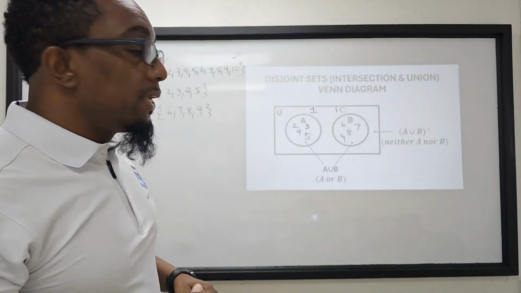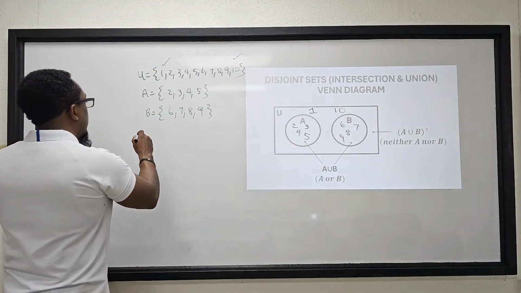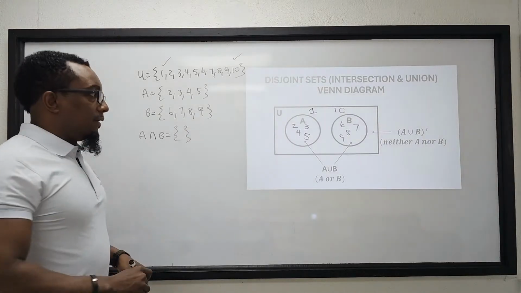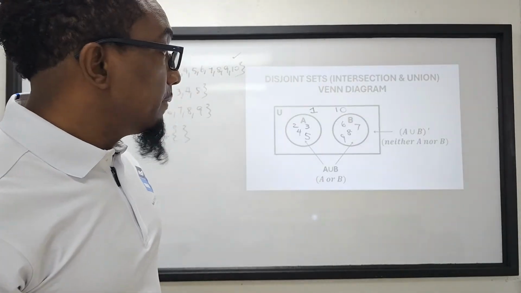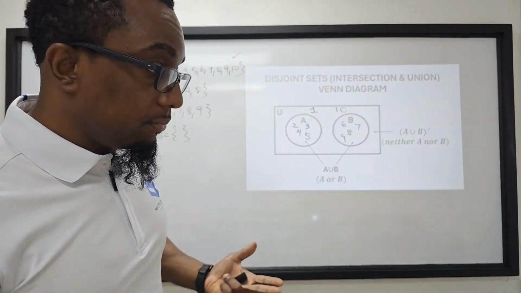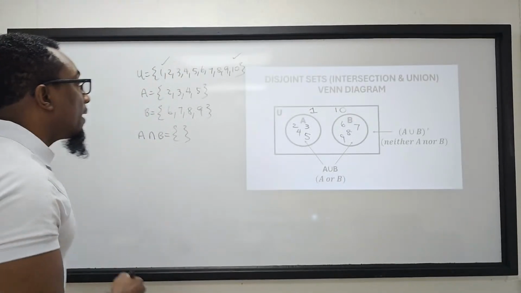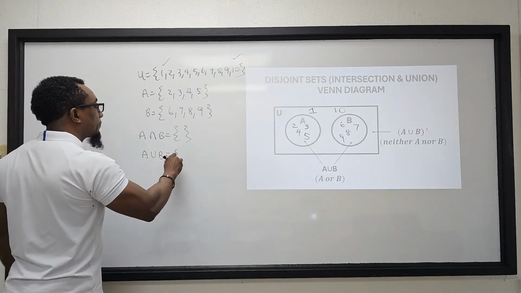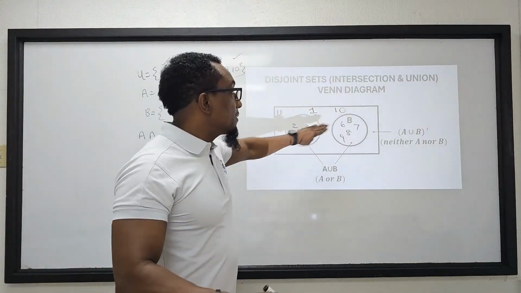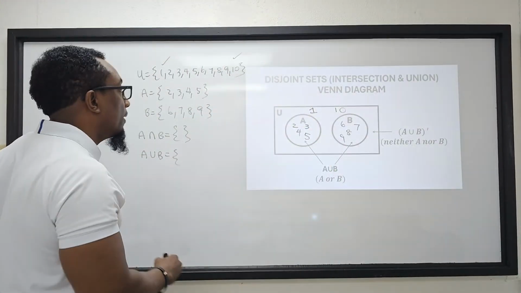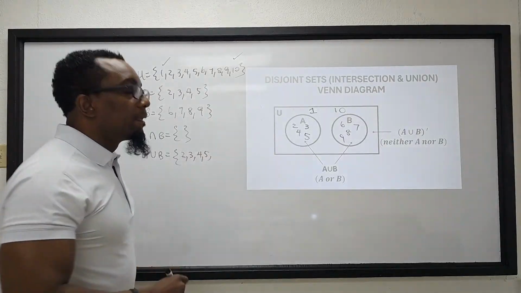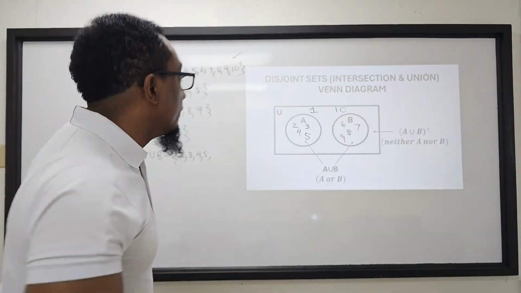Yeah? So we know if they ask us for A intersect B, that clearly is the empty set. So no elements common to both. If they ask us for A union B, we're going to take the elements of A and B, we combine them together to give us 2, 3, 4, 5, 6, 7, 8, 9.